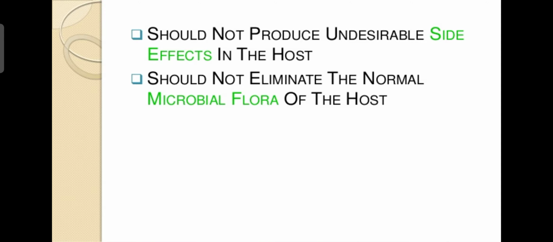These antibiotics should act only against the harmful parasites in our body. It should not affect the normal flora which is needed by the body, or produce any type of side effect. So these are the characteristics of antibiotics and chemotherapeutic agents. With this we have completed this topic.